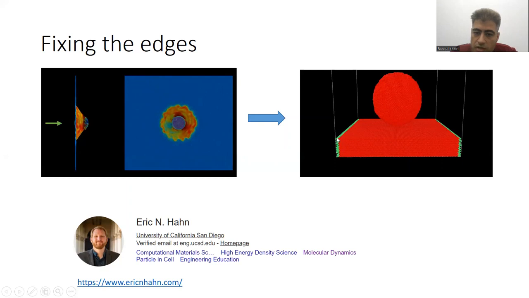So this green color shows the edges. So we fixed edges beside the bottom layer. We also fixed edges to prevent the surface from moving with the particle.